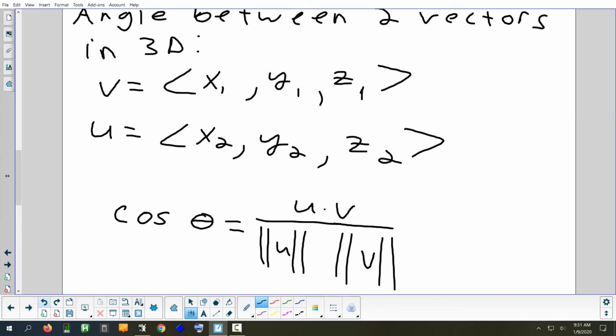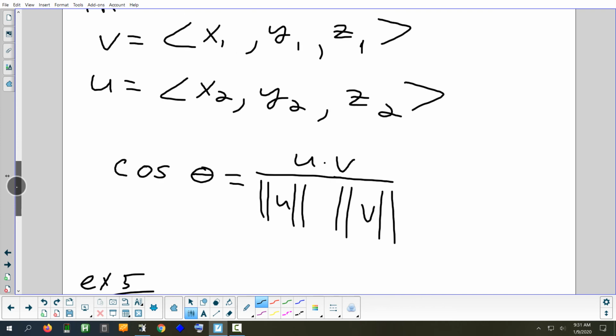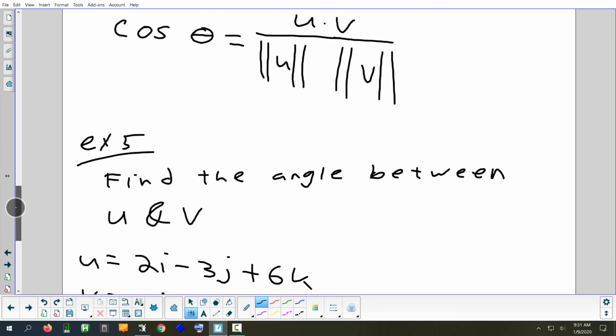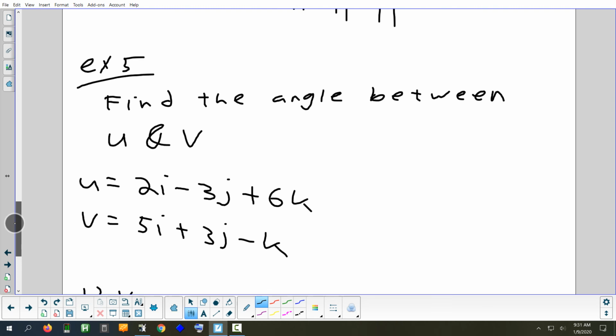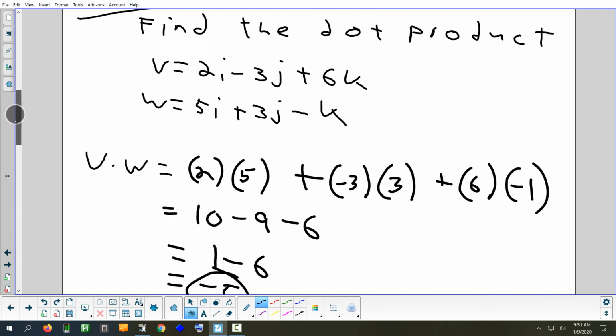So what we'll do is find the angle between the vectors that I just gave you in the last problem, because we already have the dot product done. So we had 2, negative 3, 6, and 5, 3, negative 1.